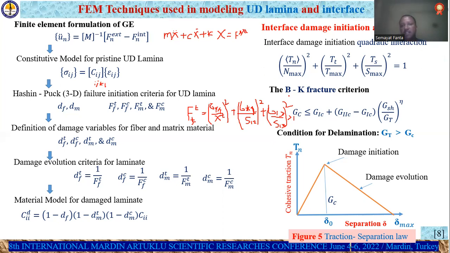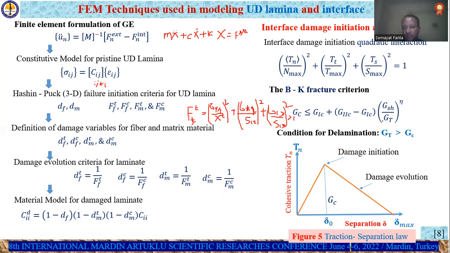Okay. And the damage evolution follows the Benzeggagh and Kenane fracture criteria. There are three fracture parameters: critical energy release rate in the first mode, second mode, and third mode of fracture.